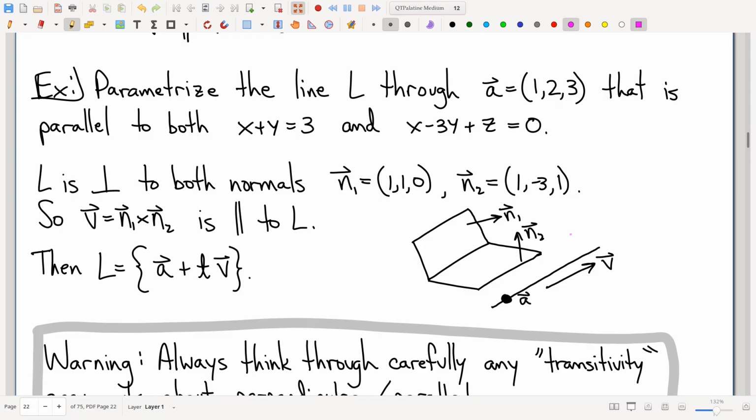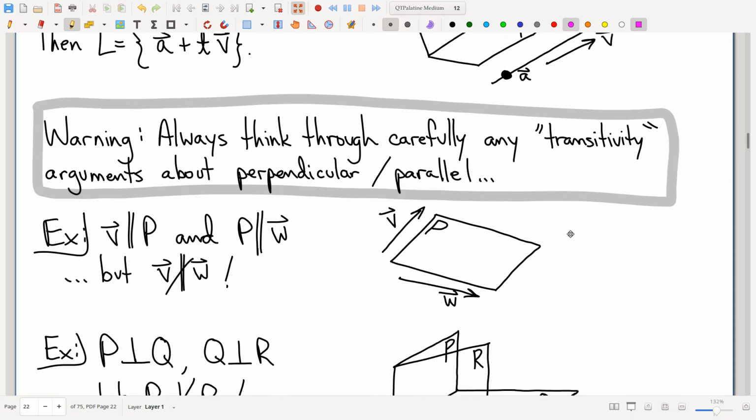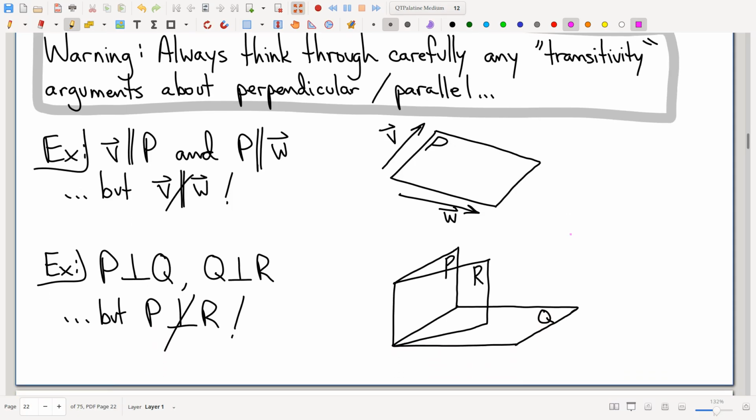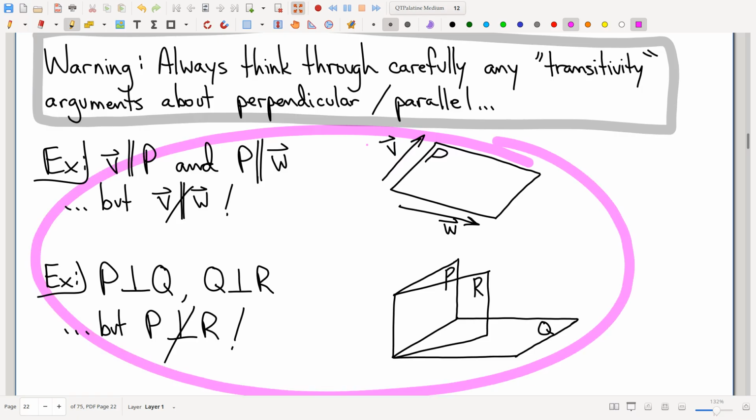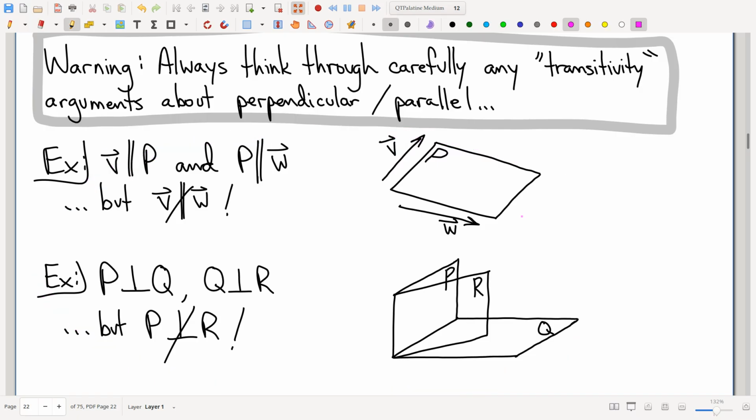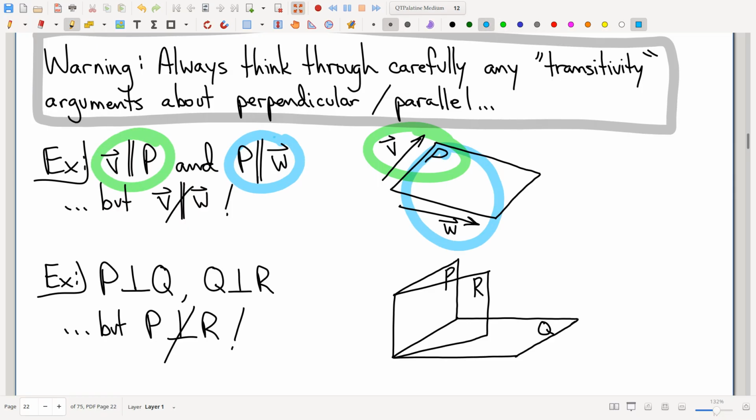So the way I address these is I just want you all to be aware that they don't all work. There are some easy counterexamples. There are some seemingly tempting transitivities. So let's just go ahead and talk about these real quick. Those are parallel.